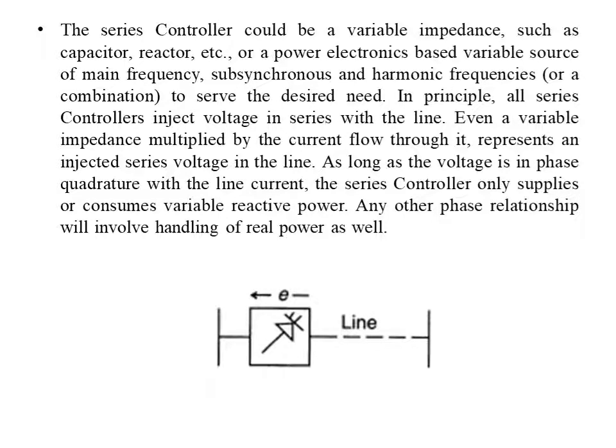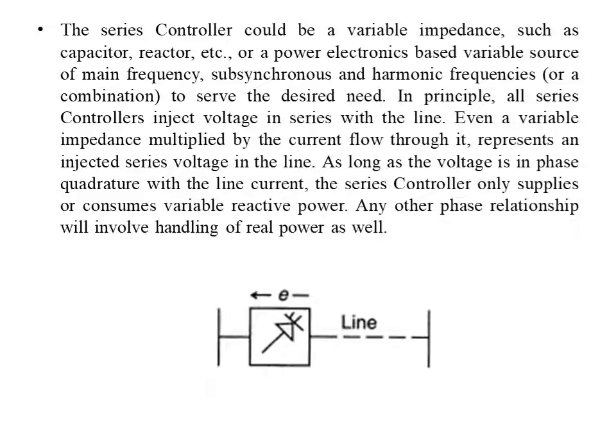The series controller could be a variable impedance such as capacitor, reactor, or a power electronics based variable source of main frequency, subsynchronous, and harmonic frequencies to serve the desired need.